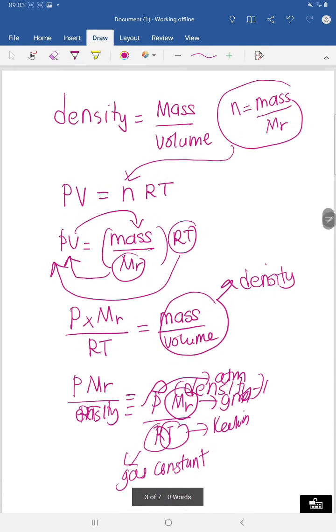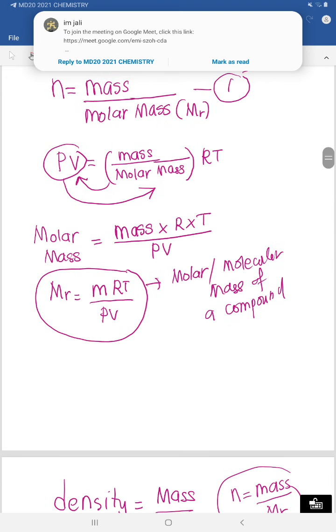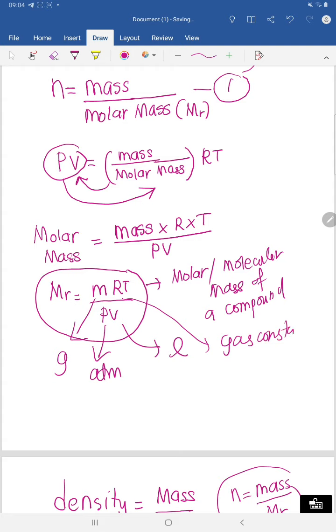If we refresh back, our formula for molecular mass is mRT over PV, so mass is in gram, pressure is in atm, volume is in liter, R again is your gas constant, and T is in Kelvin. There are two different values of the gas constant, so for the ideal gas equation you need to check for the right unit.